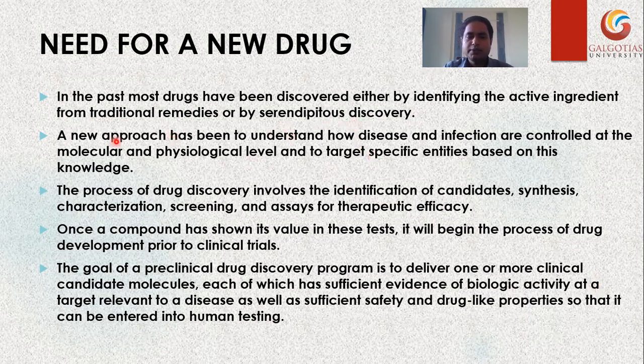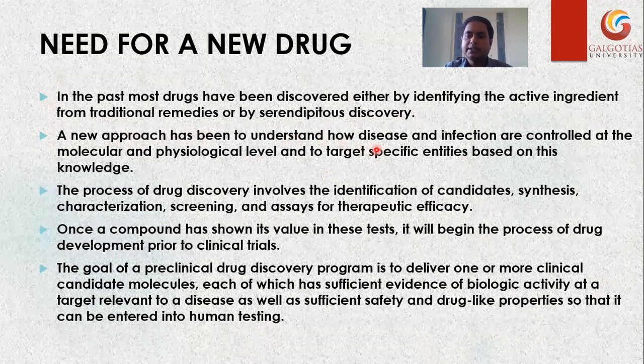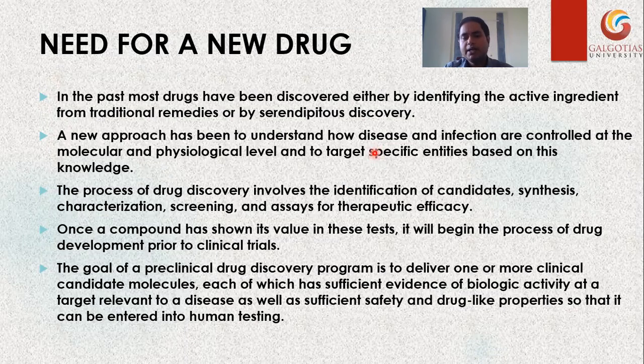A new approach has been to understand how disease and infection are controlled at the molecular and physiological level and to target a specific entity based on this knowledge. The process of drug discovery involves the identification of the candidate, synthesis, characterizing, screening, and assay for the therapeutic efficacy.